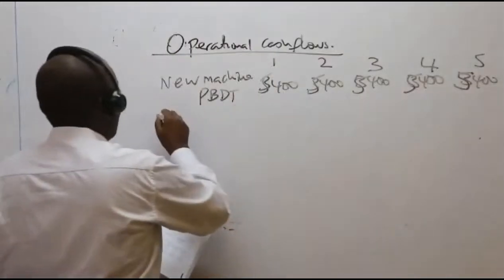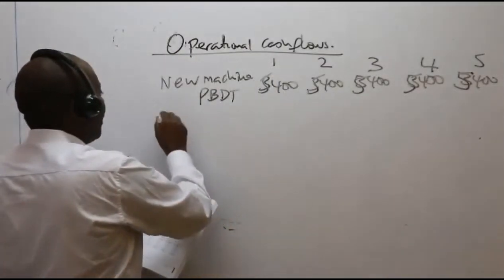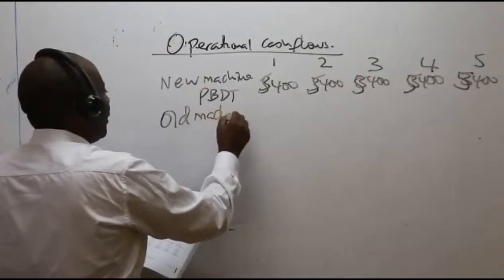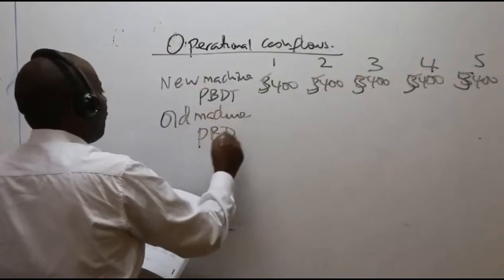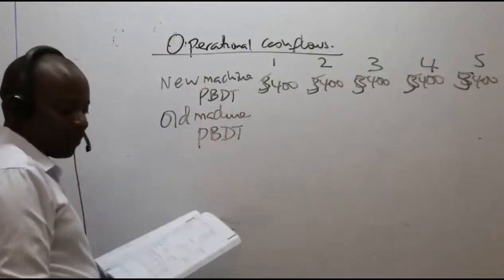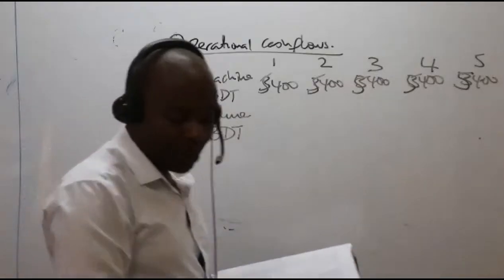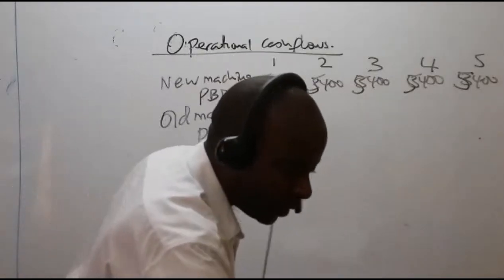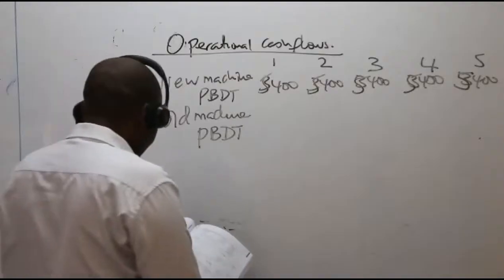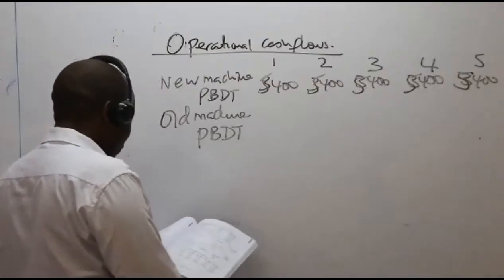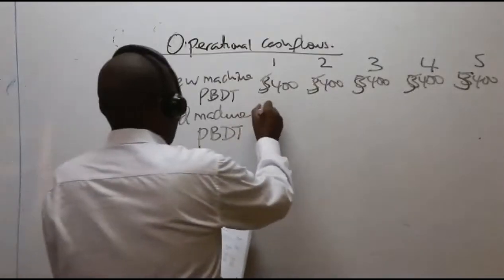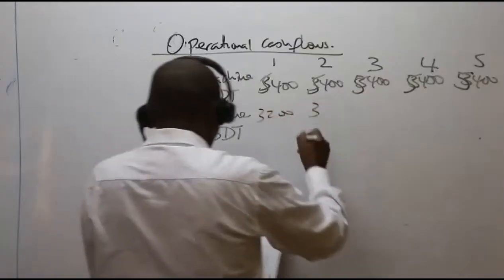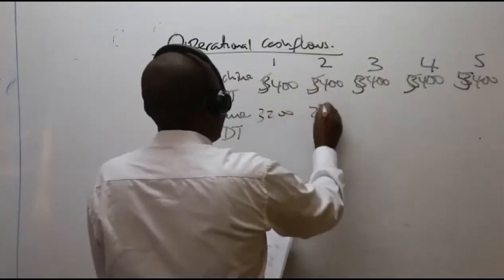So, ladies and gentlemen, give us the old machine's profit before depreciation and tax. What figures do we have? I can see them vividly. The first year, we have 3,200. 2,800.